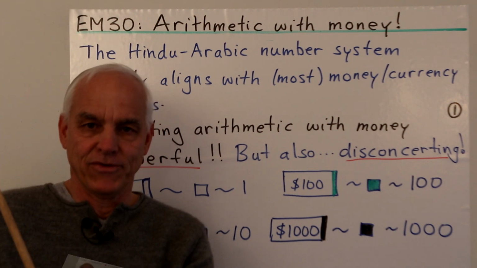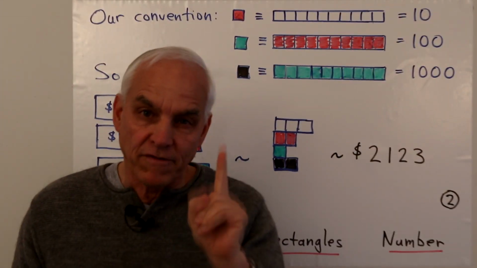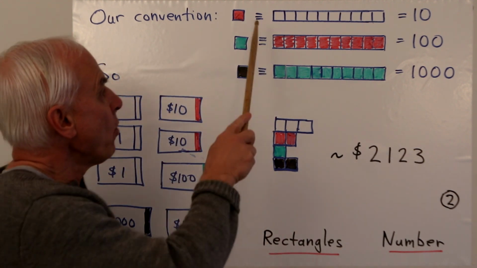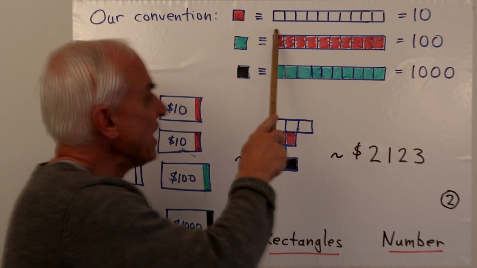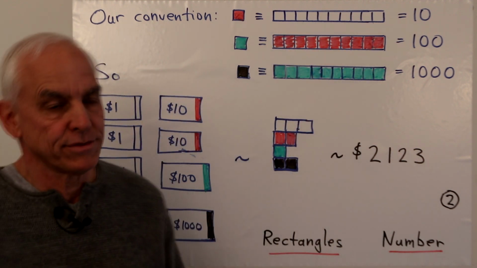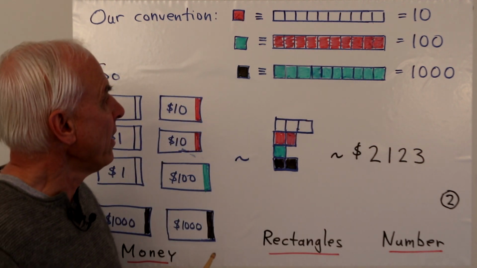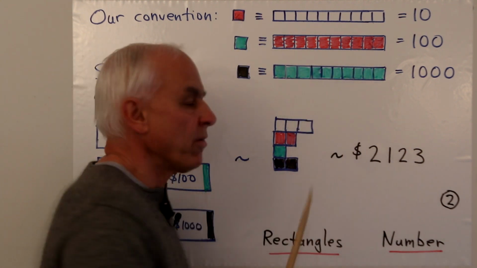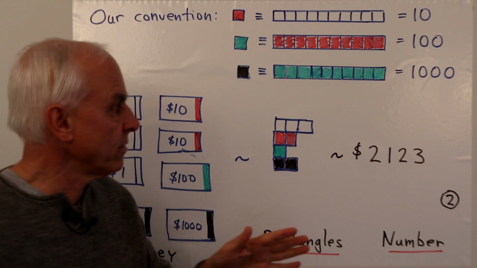So let me remind you of our conventions with colors here, just to be very concrete and specific. We're assuming that a red square represents 10 blue squares, which are sort of empty. And a green square represents our strip of 10 red squares.